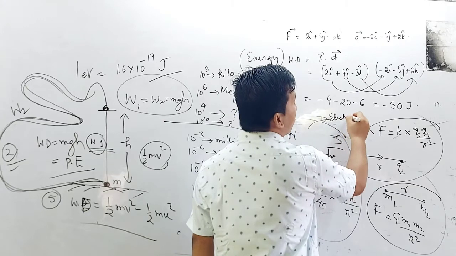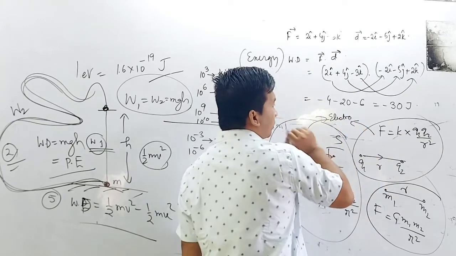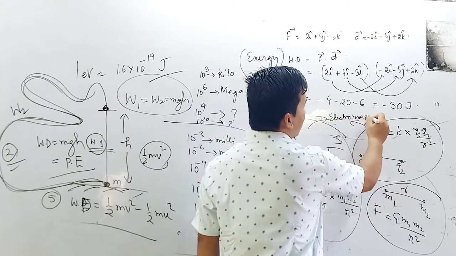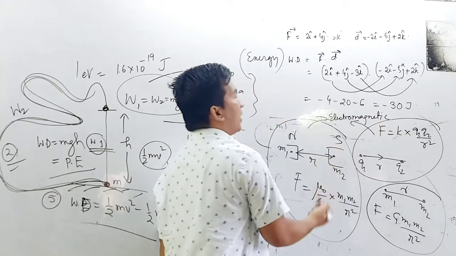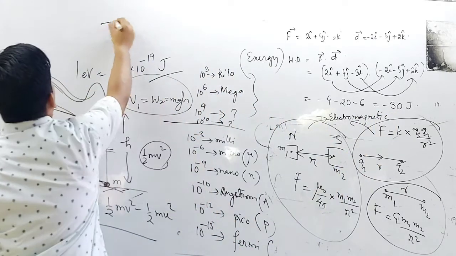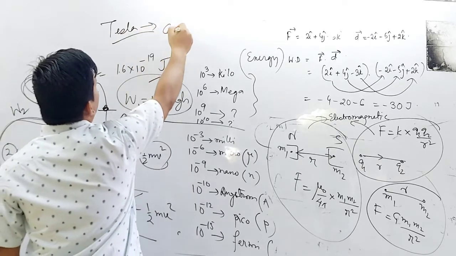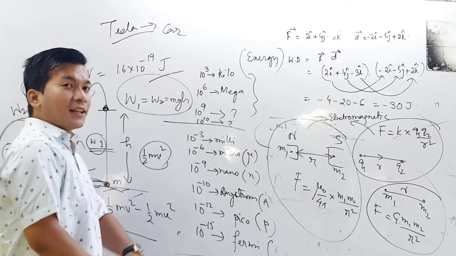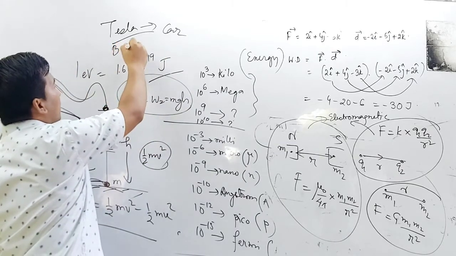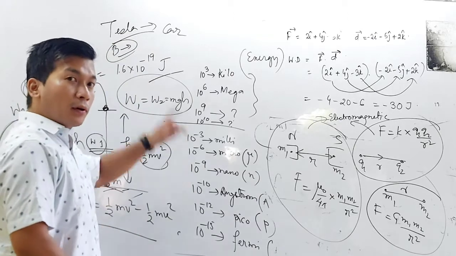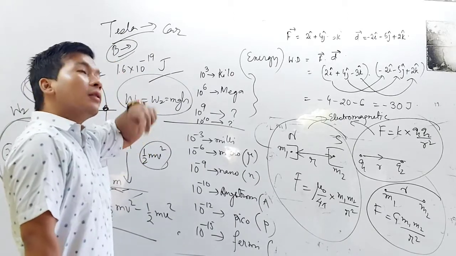Electro is related to charges, and magnetic is related to magnets. Tesla is the unit of magnetic field, named after the scientist Nicholas Tesla.